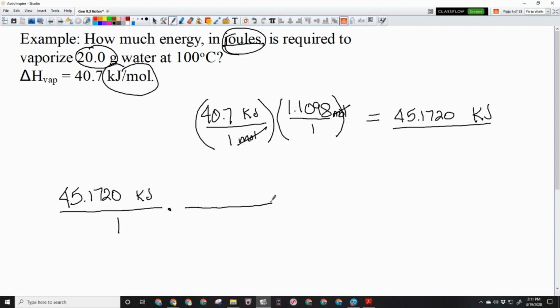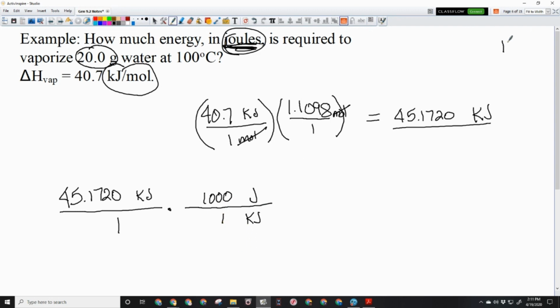And it's just the same conversion we've been doing all year long. What unit do we want to get rid of? Kilojoules. So I'm going to put it on bottom to force it to cancel. And I'm going to put joules on top because that's what I want to convert it to for my answer. And there are 1,000 joules in 1 kilojoule.